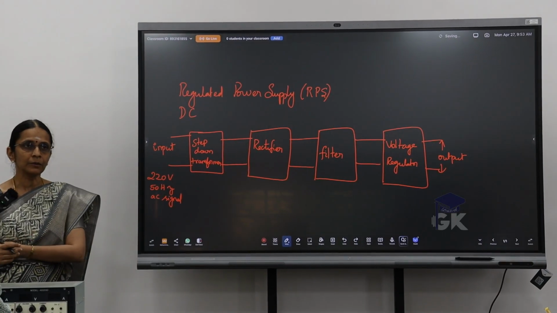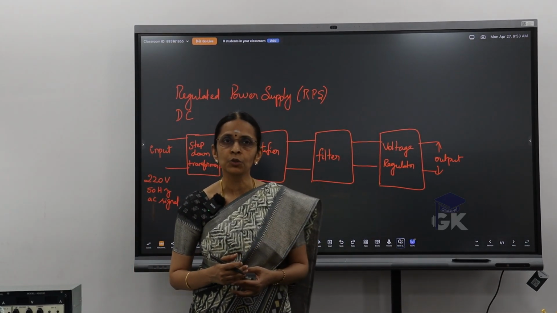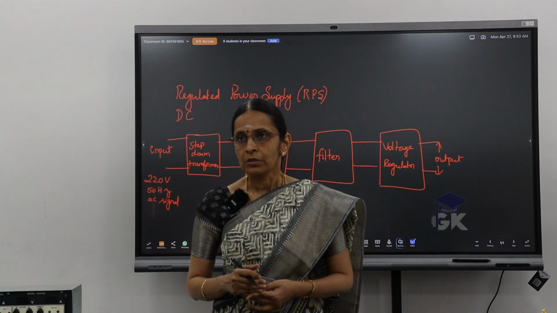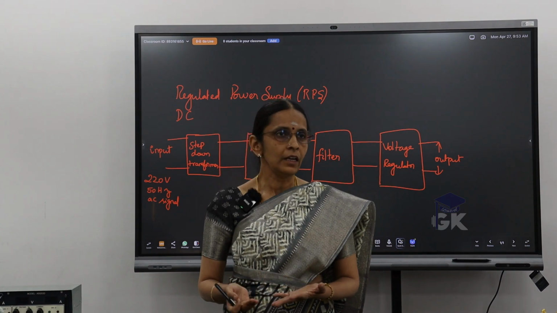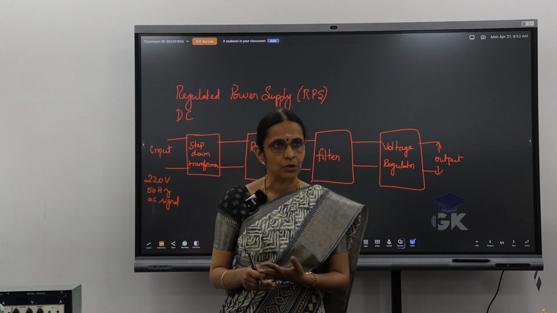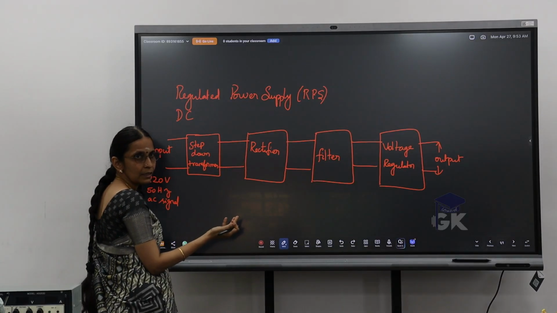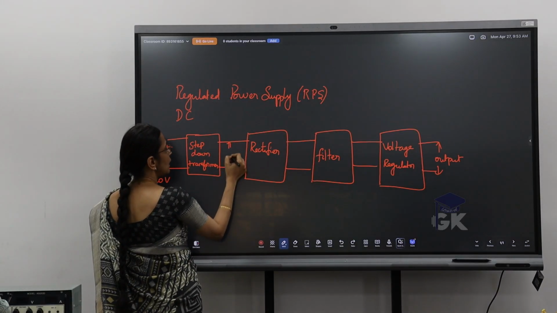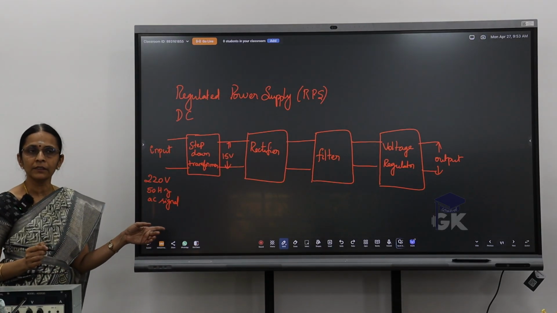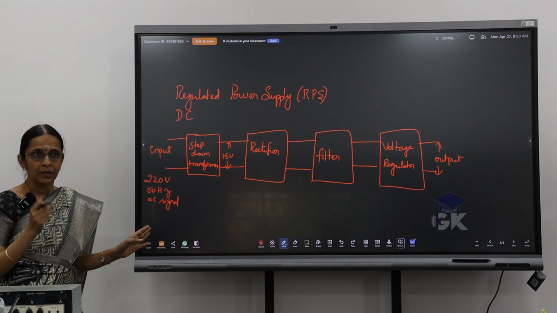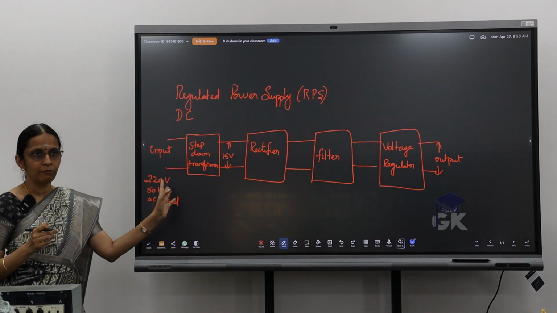I think there are 2 transformer types, step up and step down. So here the step down one, what does it do? It reduces it from 220 to probably say 15 volt or 18 volt or 12 volt. So here I may get a lesser voltage than the 220. Let's say I have some 15 volt. What is the nature of this signal? This is also still AC, but with a frequency of 50 hertz, and the voltage level is 15 volt.